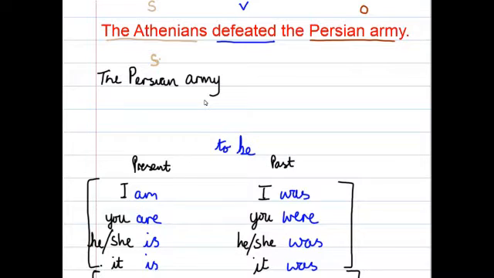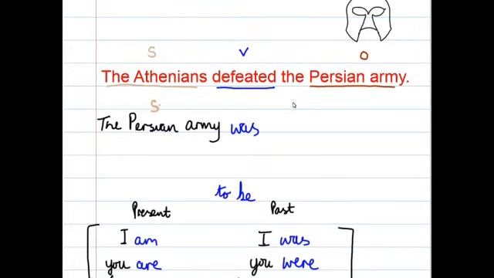It counts as a singular noun because it is an army altogether. So then we would use, and now it's happened in the past, we know that because it's got defeated there. So we would use was. So the Persian army was.